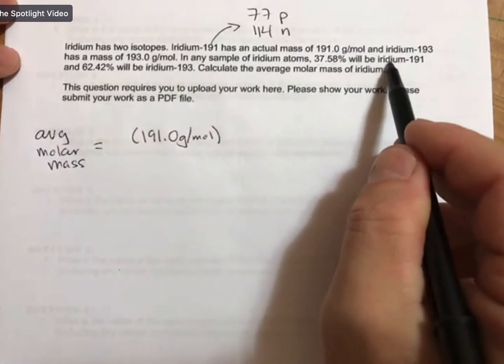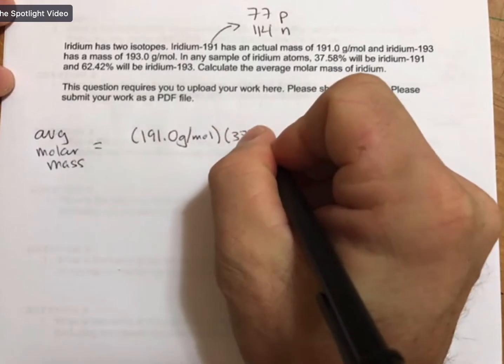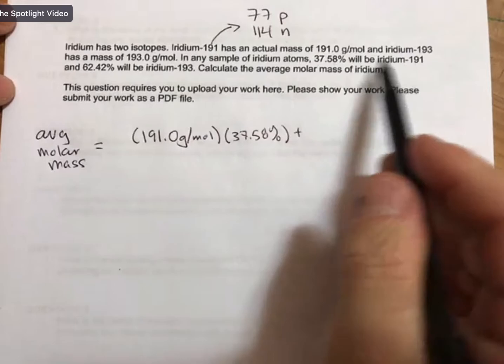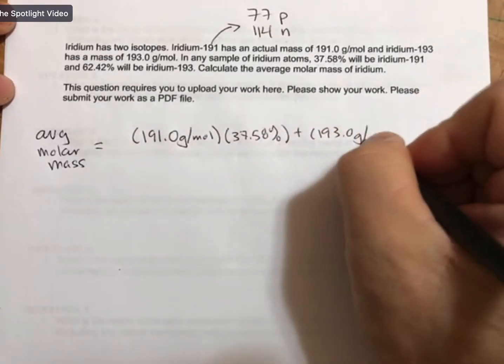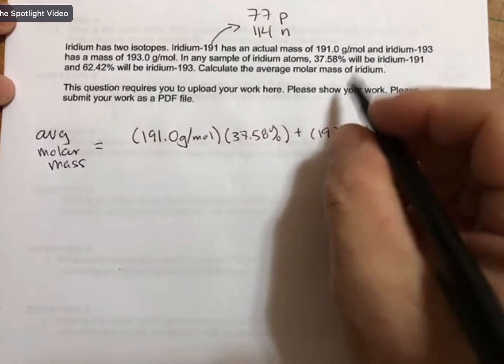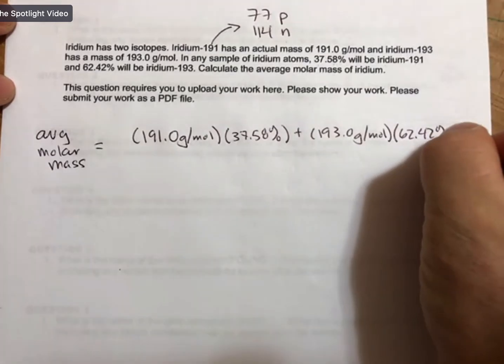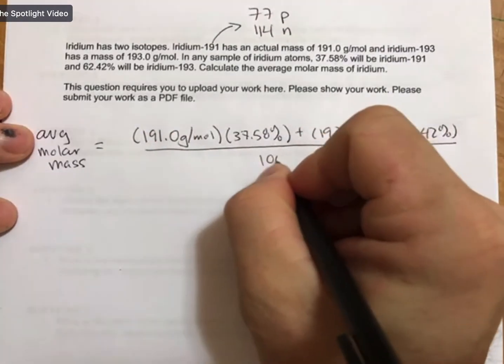So for the iridium 191, it's 37.58. For iridium 193, the mass is 193 and 62.42%, over 100%.